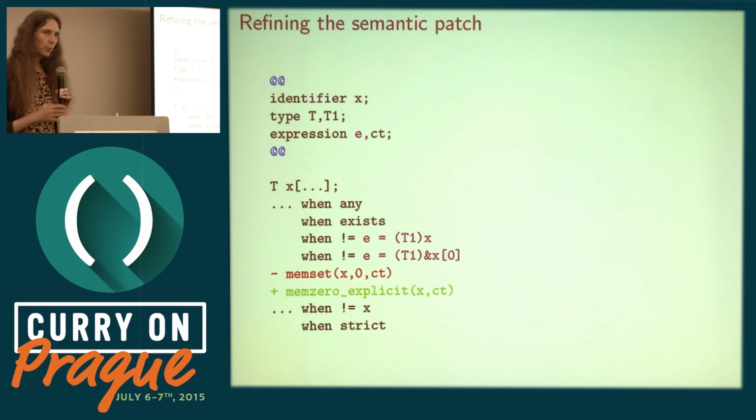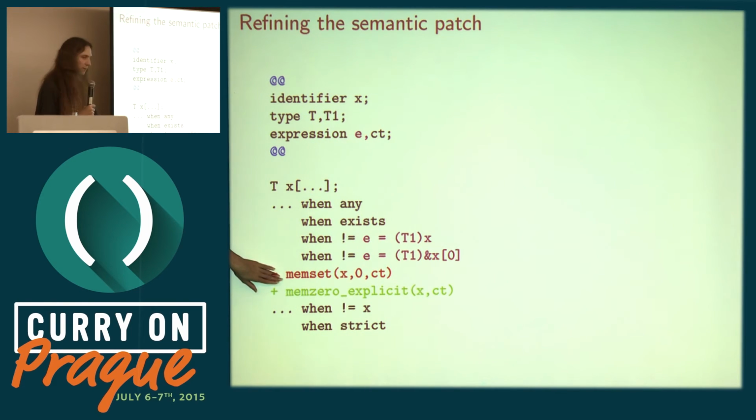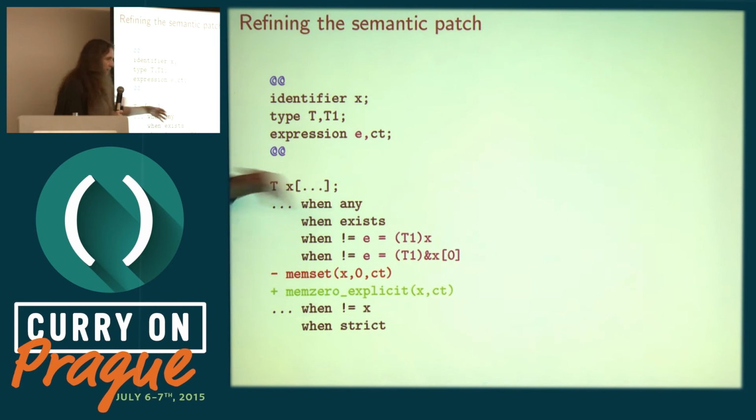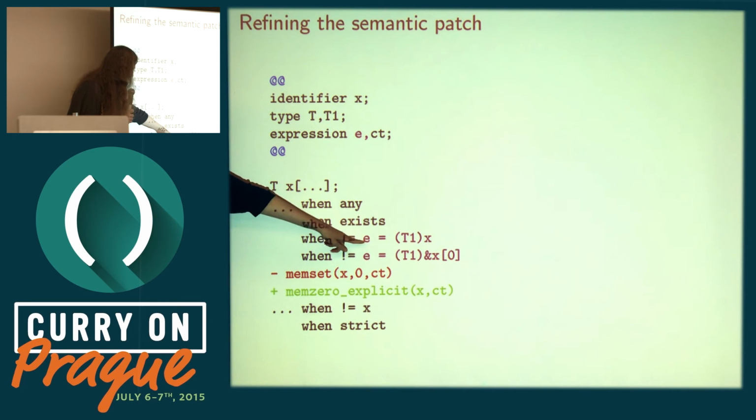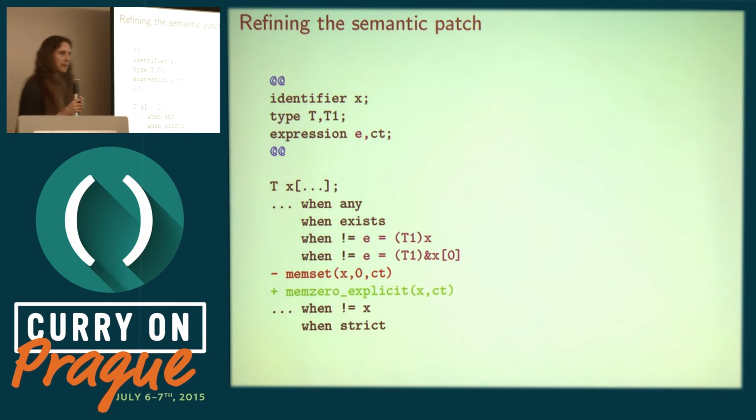So to do that, we have our path from the declaration to the memset, and then we can add on some more annotations. If we remove all of this, then it will just match anything. If we want to protect against certain kinds of things, then we can add more whens that protect against the things that we don't want to see. So here, the thing that we don't want to see is an alias, and this would have the form some other expression is assigned to the pointer x.